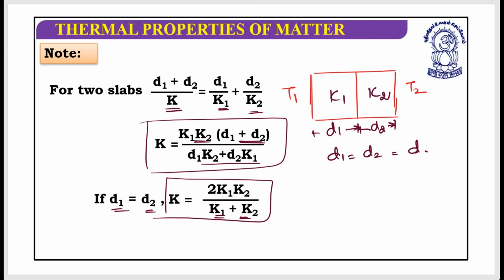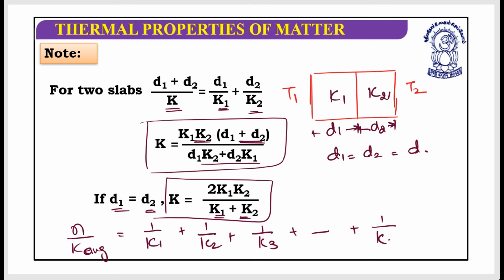One more thing, when D1 equals D2 equals D, this could be written as n divided by K equivalent is equal to 1 by K1 plus 1 by K2 plus 1 by K3 up to 1 by Kn. This is not an average, this is the equivalent. This is the situation if all the lengths are equal.